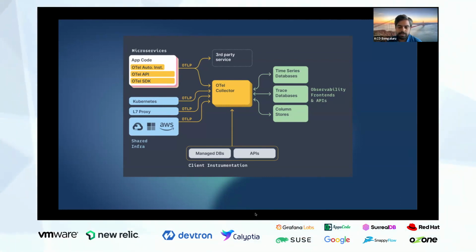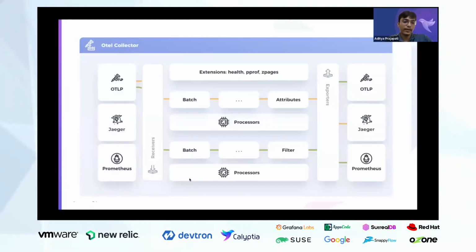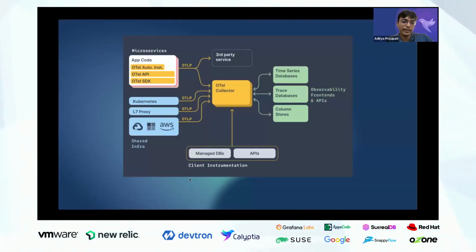No questions? Nothing? I just wanted to add a small thing. Sure. Like the collector, you don't really need to use the collector. OpenTelemetry lets you, if you have a very small application, directly configure the SDK to export to the third party.